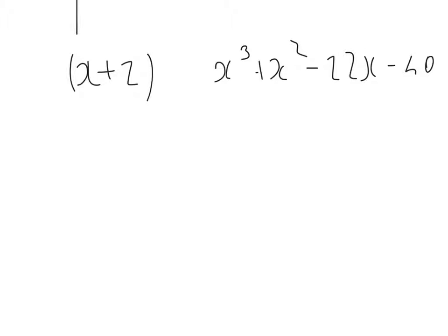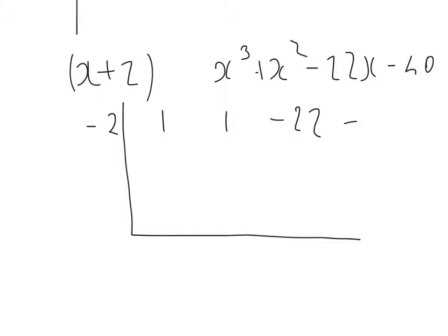So if x plus 2 is a factor, that means we've got a root at minus 2, so that goes up at the side. The coefficient in front of x cubed is 1, the coefficient in front of x squared is 1, the coefficient in front of x is minus 22, and I've also got minus 40.